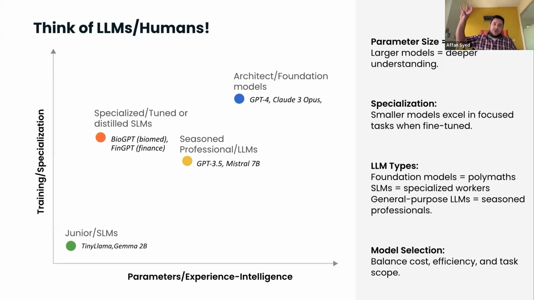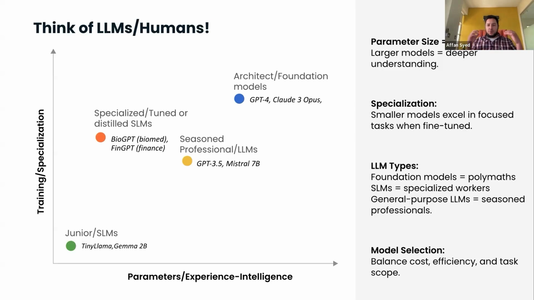But when you talk about foundational models, which run on web-scale data sets that you could empirically say cover all domains of human knowledge, they occupy the top right corner of this map. Think of polymaths in humans: Leonardo da Vinci, Ibn Khaldun, Einstein.